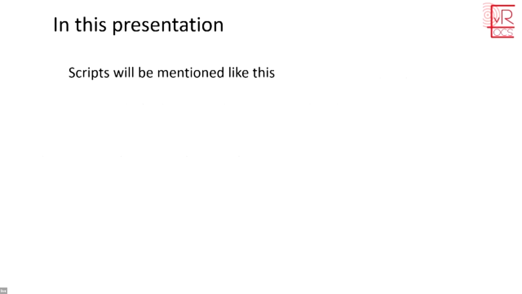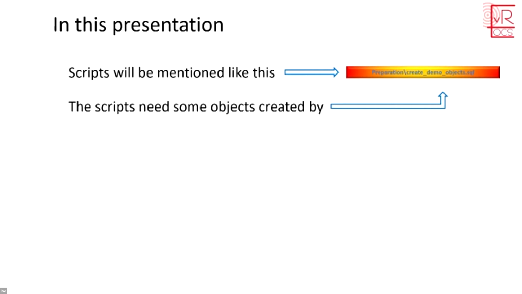If you see a slide that looks like this, with this block there, then it points to a script. I will deliver the scripts with the slides later, so you don't have to start typing whatever. It's all in scripts like this. If you want to run the scripts, then this particular script is what you need to run first, because it creates a couple of objects that are needed.